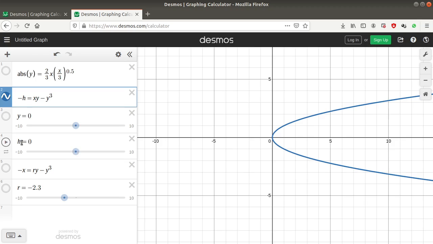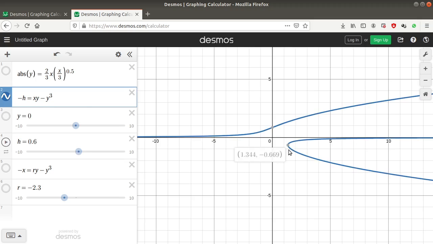Let me slightly increase my h value. If I slightly increase it, I get this curve and this curve. So that's my bifurcation diagram for some positive value of h.